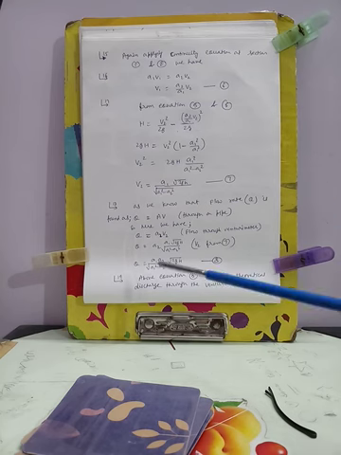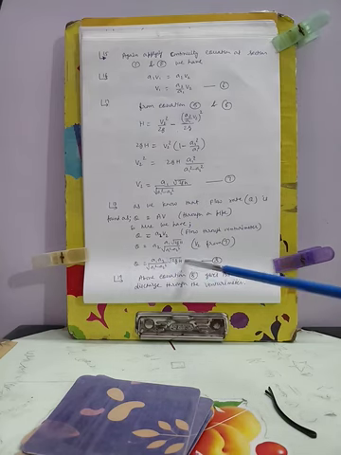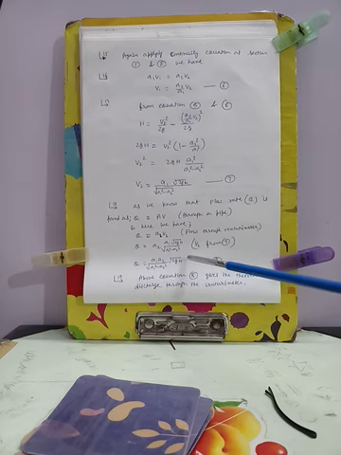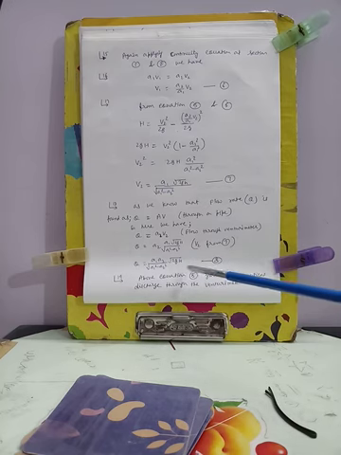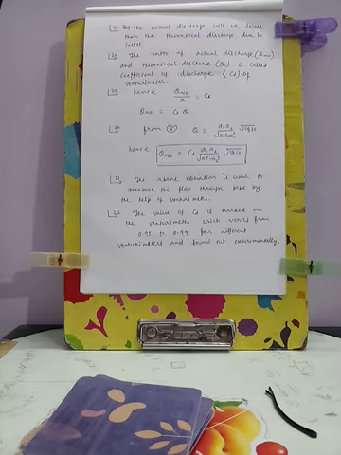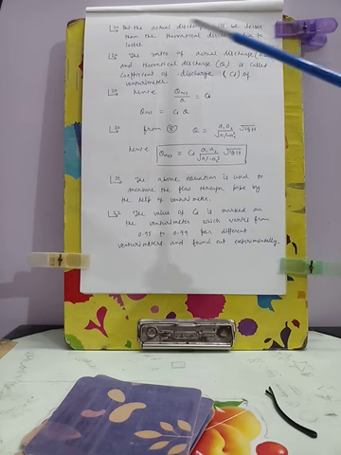But remember, we have not considered the losses in the venturimeter to measure this flow rate. So this is the theoretical flow, but the actual flow will be a little bit lesser than this flow. How to calculate that? Let us see. The actual discharge will be lesser than the theoretical discharge due to losses.